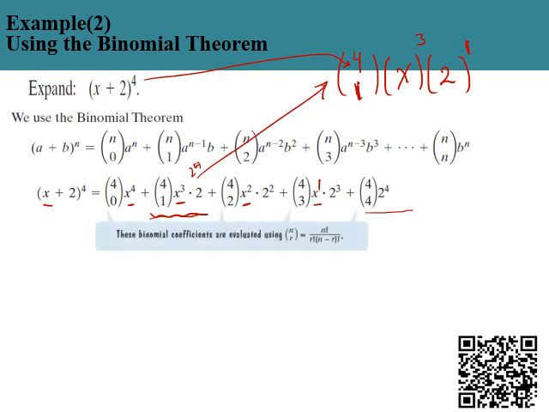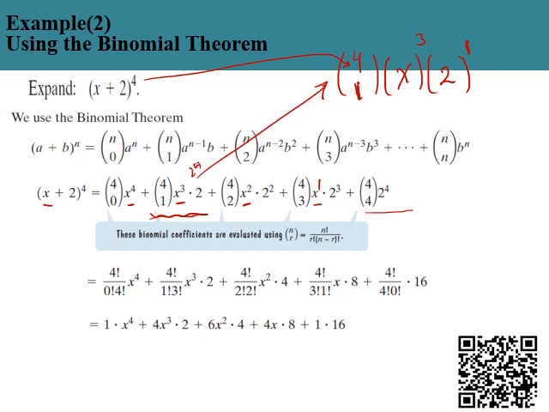Now let's simplify it. I can use my calculator to simplify, and if I'm not allowed to use my calculator, I can use the method of the binomial coefficient we just solved a few minutes ago. Then we know that 4c0 is equal to 1, so the answer here is 1x to the power of 4.